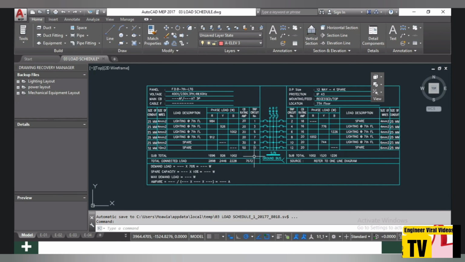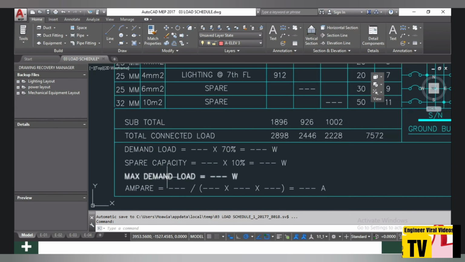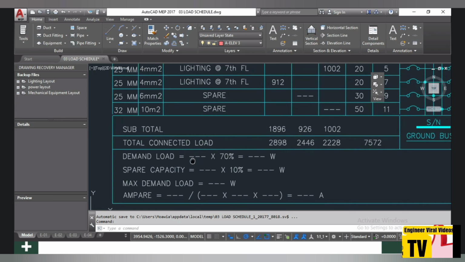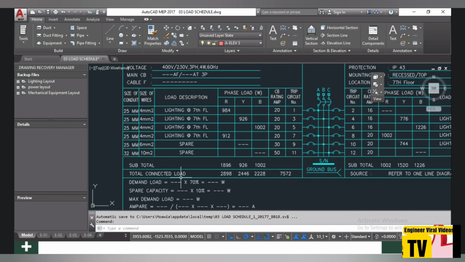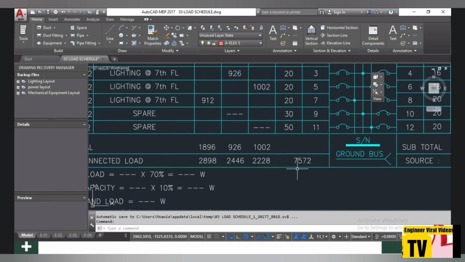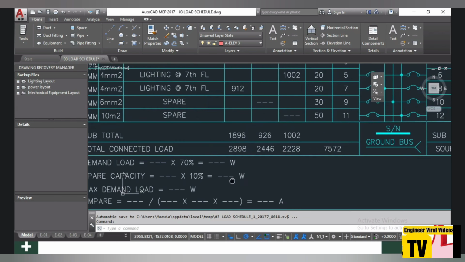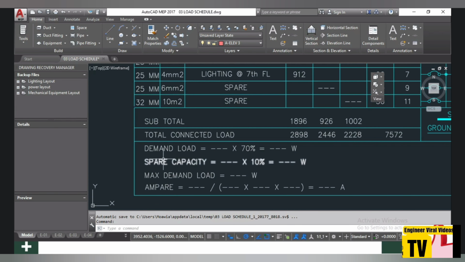After that, I will go back to my drawing to calculate the current. See here, after I calculated the connected load, 7,572 watt, I will calculate the demand load. The demand load, as we said, equals the demand factor multiplied by the connected load.